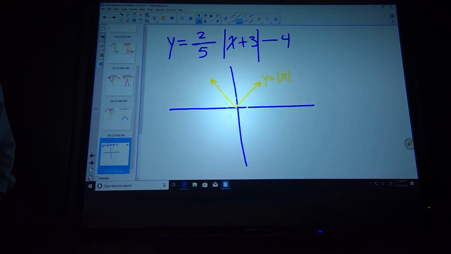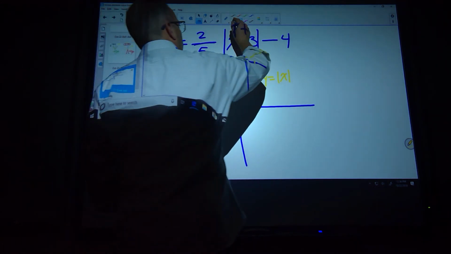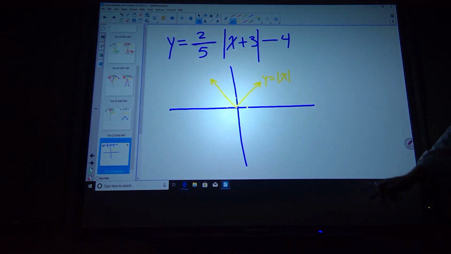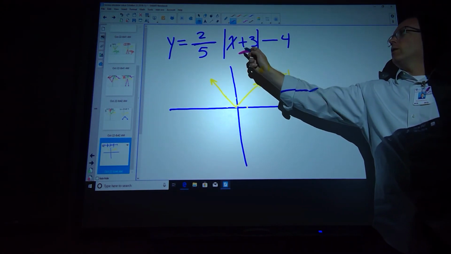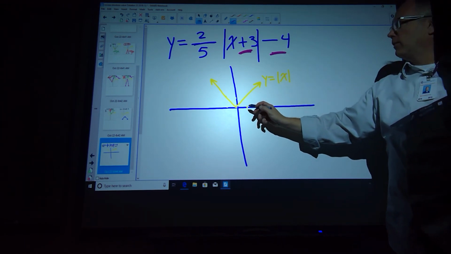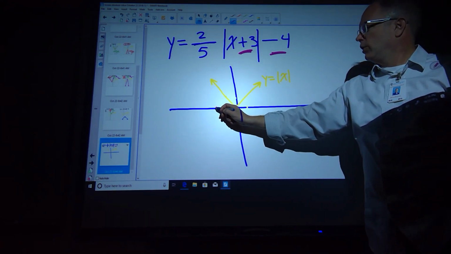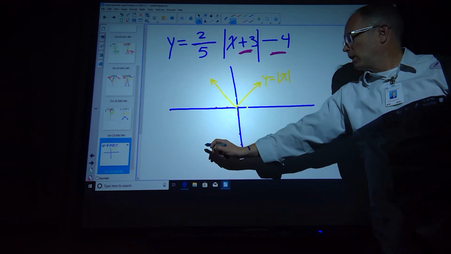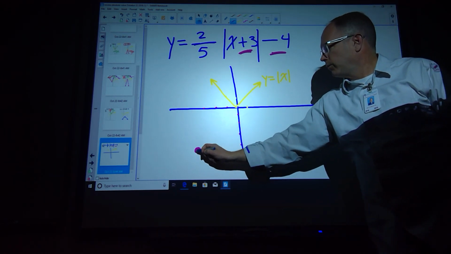So let's find the turning point first. Ignore the fraction out front. What's my turning point of this one going to be? What does this do? Negative 3 and negative 4. So negative 3, 1, 2, 3, negative 4. 1, 2, 3, 4. It's right there.